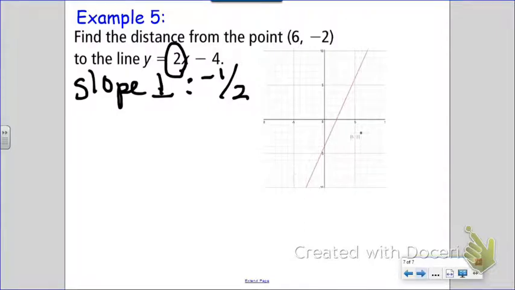Next, I'm going to use this slope and the point to get an equation of my line. So that would be -2 equals -1/2 times 6 plus b.